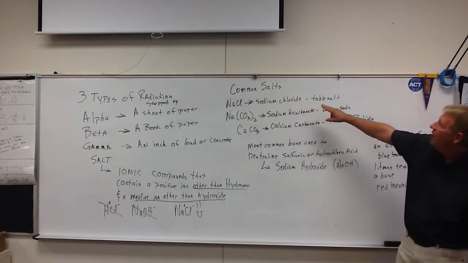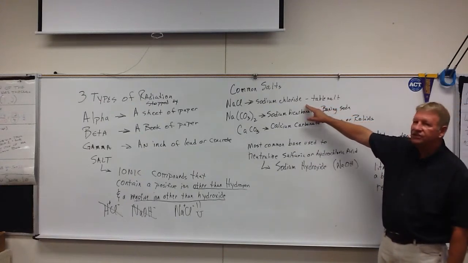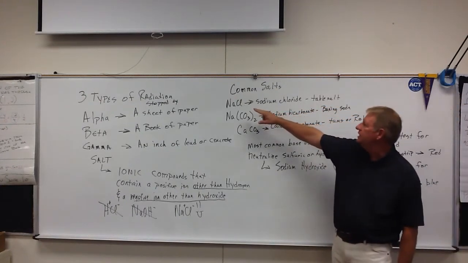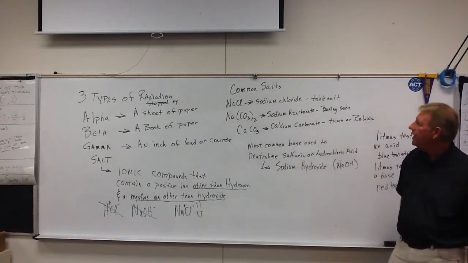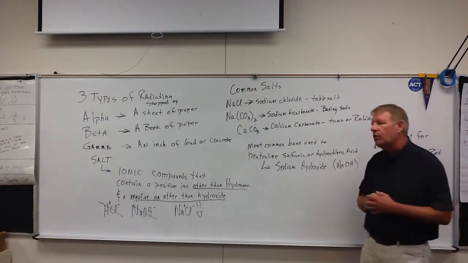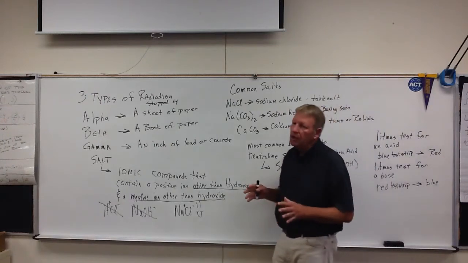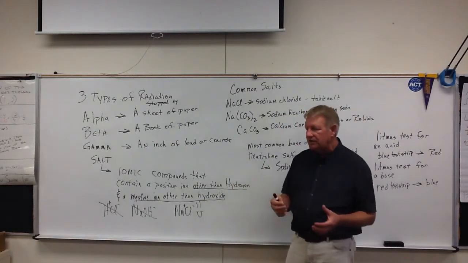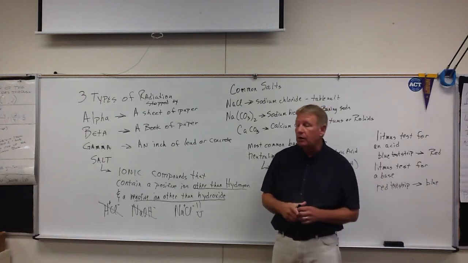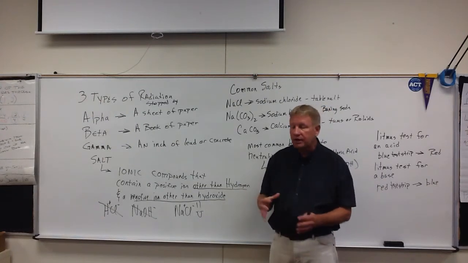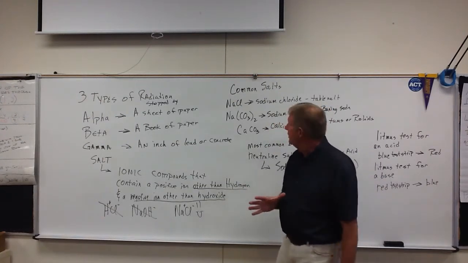Okay, so here are some common salts. We move over to this side of the board a little bit. We have sodium chloride, that's table salt, the formula NaCl. We have this with naming. And there are actually a couple of different ways to write it. Every once in a while, some of you will say, I see a different way I can write this, or I looked this up on the computer and it came out different. Let me explain.